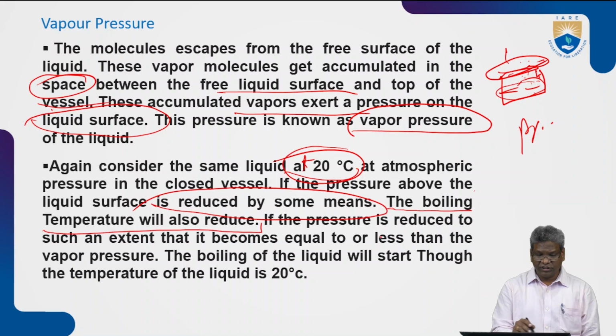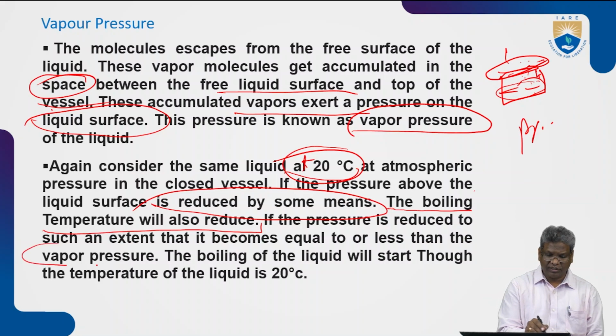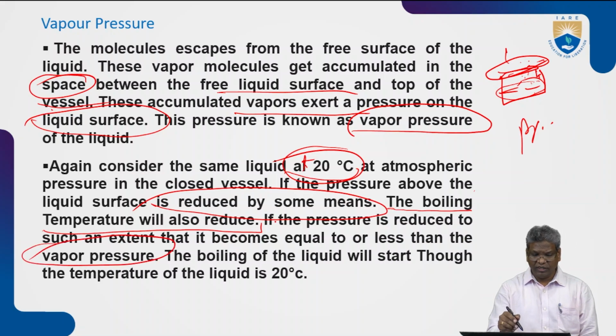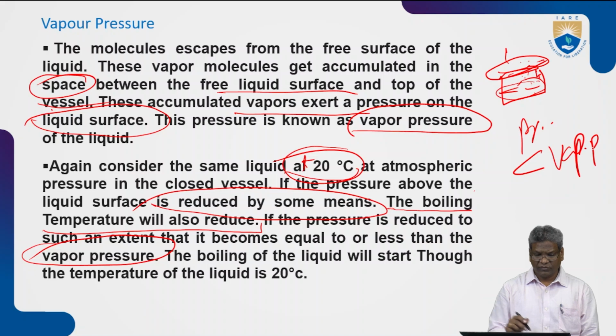If the pressure is reduced to such an extent that it becomes less than or equal to the vapor pressure, the boiling temperature will also reduce. So the boiling will start even though the temperature of the liquid is 20 degrees centigrade.